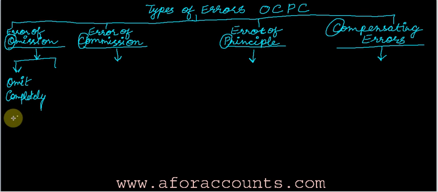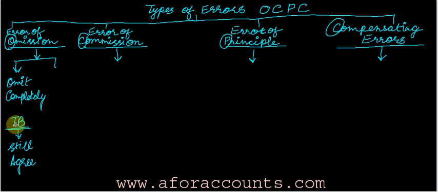Your trial balance will still agree, or it will still match, because the full entry is omitted. The debit side has also been omitted, the credit side has also been omitted, so it will not make any effect. But then an error is an error, and that error is called error of omission. Something should have been recorded which is not recorded in your books of accounts, although the trial balance will still match because both the debit and credit sides have been omitted.